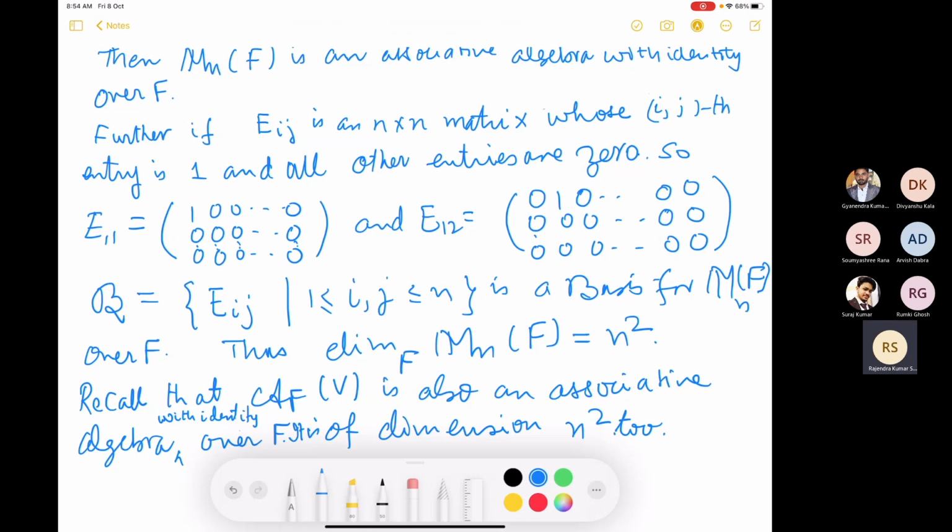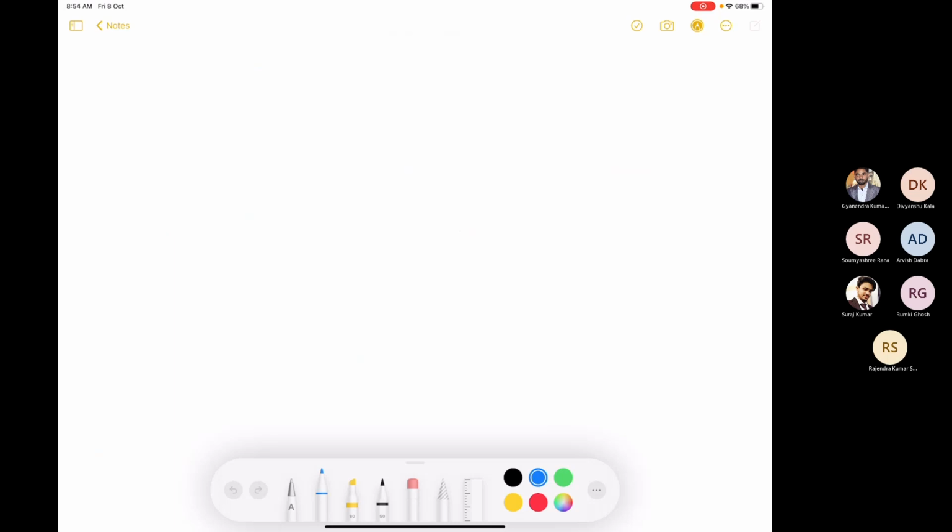What we know is that any two vector spaces of the same dimension over a field F are isomorphic. What do we get here is that these two are isomorphic. This theorem says an interesting thing.